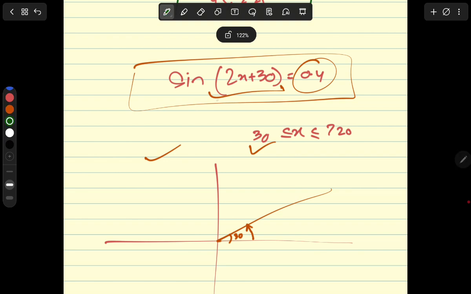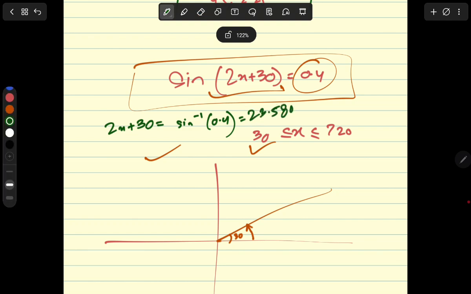So first of all, we are going to say 2x plus 30 is equal to sine inverse of 0.4, whatever that is. Let me quickly find out the value for you guys. Okay, so that is 23.58.